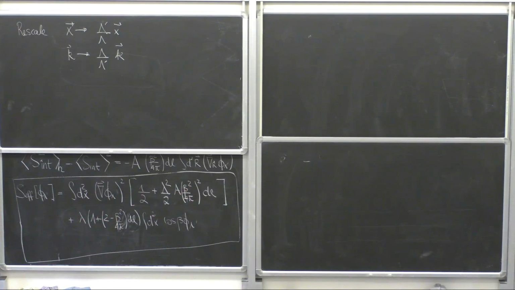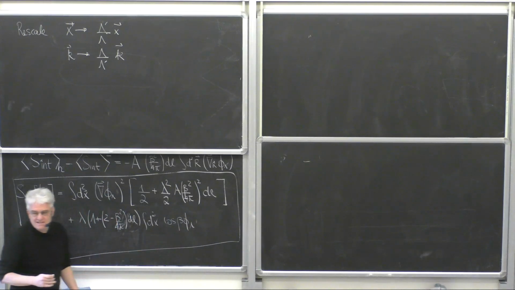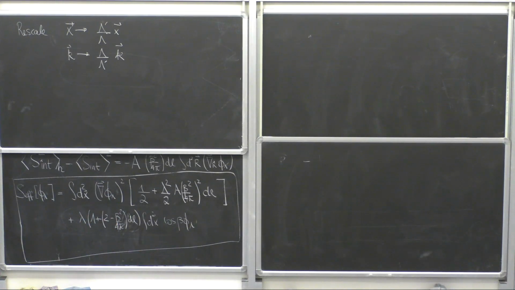And then, as we had seen yesterday, there was also this higher harmonic, a term which was like cosine, not beta phi, but 2 beta phi. And then I argued that I can drop this, because the scaling dimension of that perturbation is very, very large. So it's an irrelevant contribution, and I have just discarded it. But it is in principle there.